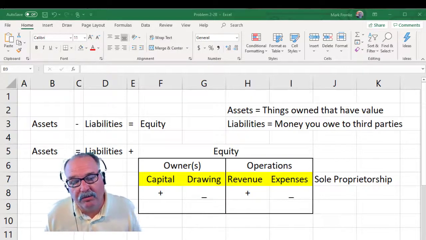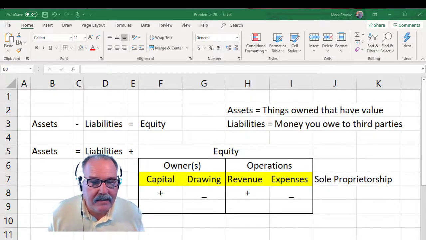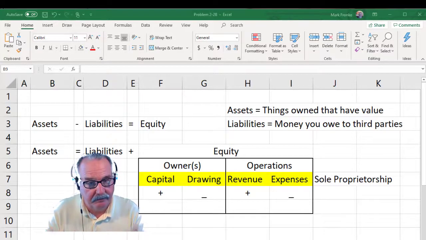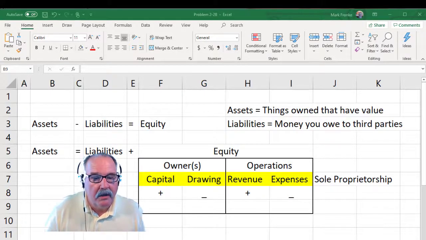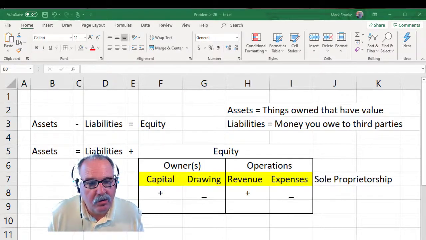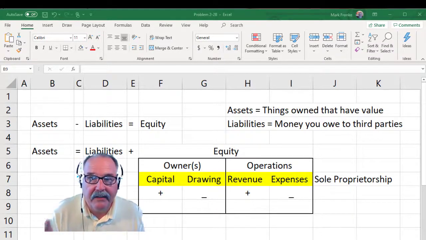But as we go through and record transactions, we're going to use this equity area or category for the other side of basically every one of our transactions. So we split the equity into two components: the piece that relates to the owner and the piece that relates to the operations.